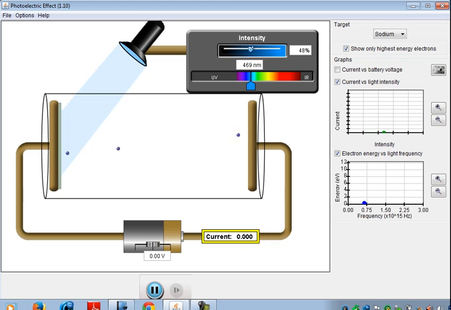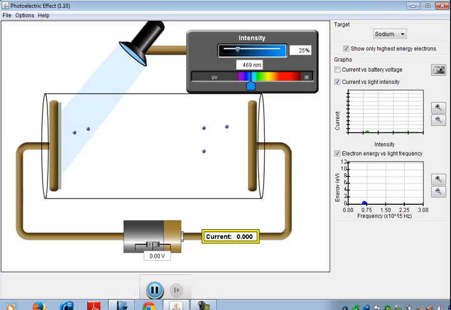Increase the intensity and same kinetic energy electrons ejected, but a lot more of them ejected per second because at the higher intensity there are a greater number of photons hitting the electrons per second.